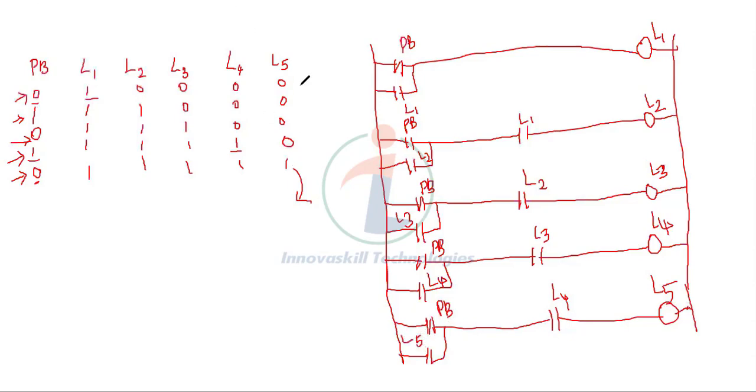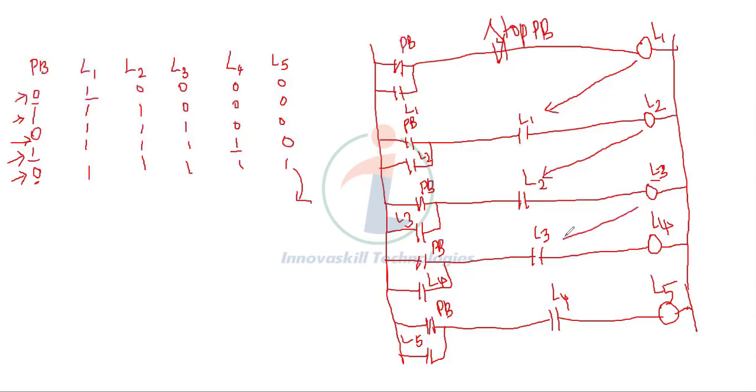Now if you want to stop everything, here you have to use the stop push button. So if the stop push button is on, what will happen is L1 will be off. If L1 is off, L1 is only taken as interlocking here, so L2 also will be off. If L2 is off, automatically L3 also will be off.